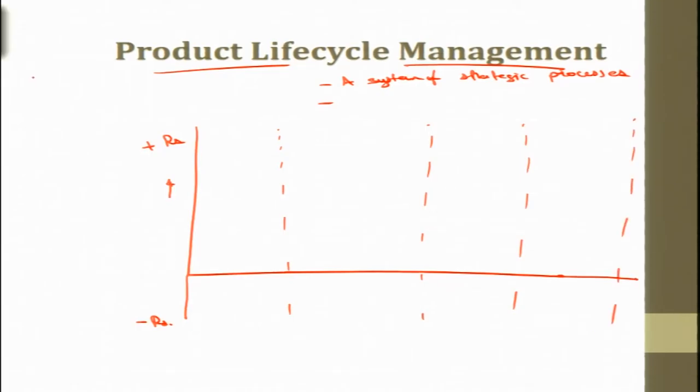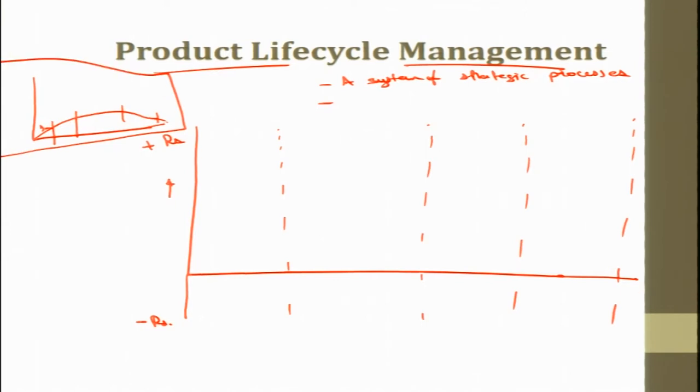This is not the marketing product life cycle. The marketing life cycle has introduction, then growth, then maturity, then decline, and some decay could also happen. That is the marketing perspective. I am talking from the product development perspective, from the very design.